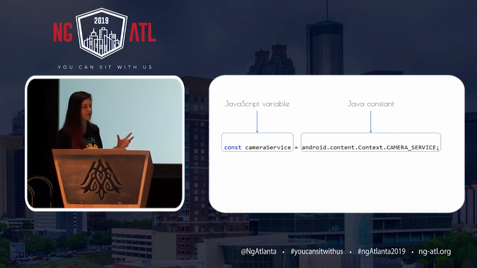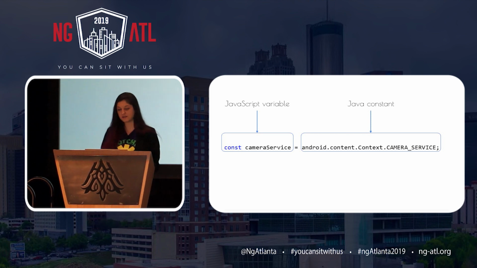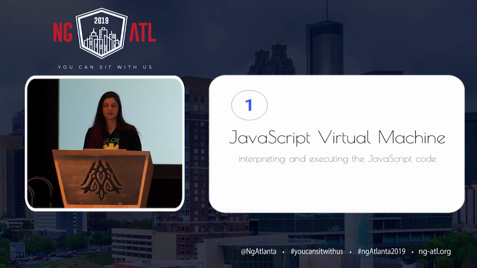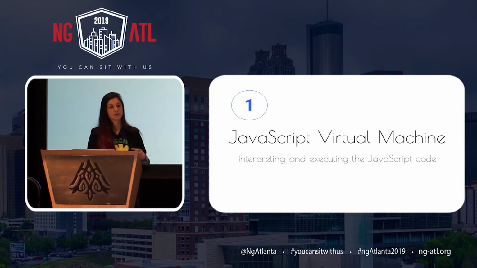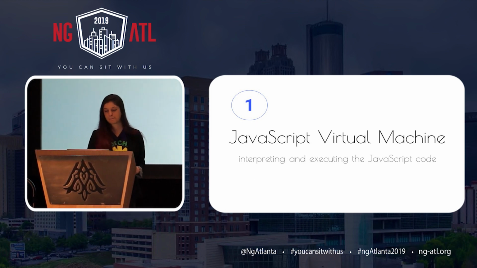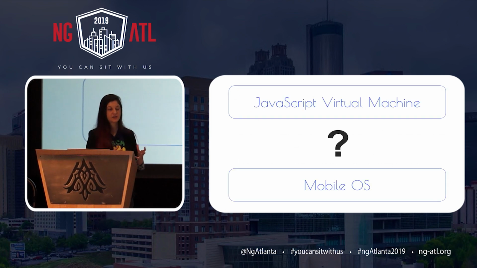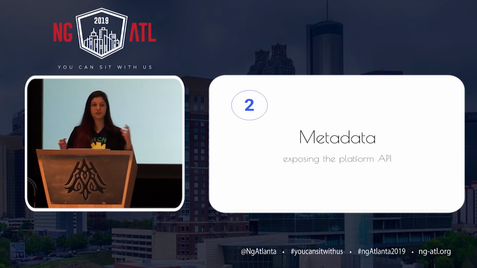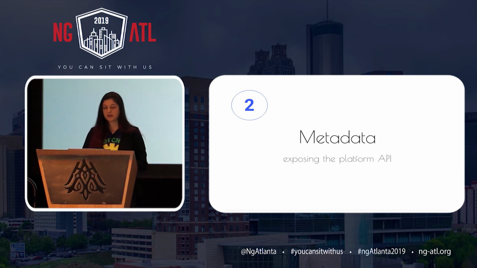So where does the Java thing come from? First of all, we have the virtual machine, again, that just executes the JavaScript code that we write. But how does it have access to the mobile operating system? Well, we have that term called metadata that exposes the public API of the underlying operating system and SDKs. So let's imagine that we have, for example, the Android SDK or the ARKit for iOS.